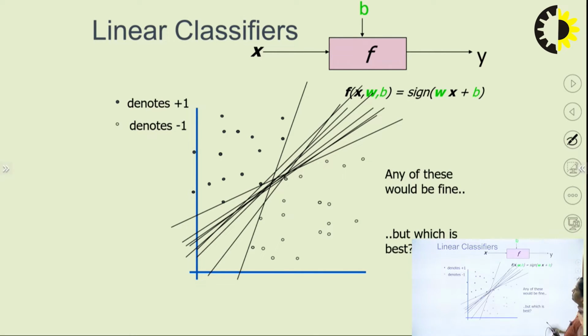Now we can see that we have a number of separating hyperplanes according to the available samples. According to these training samples, we have different linear classifiers, different lines, different linear boundaries that segregate positive class objects from negative class objects. Now the point is, which one is the best, which one we have to consider.